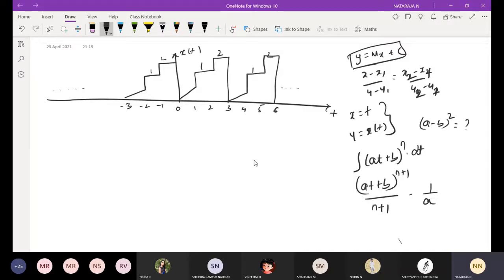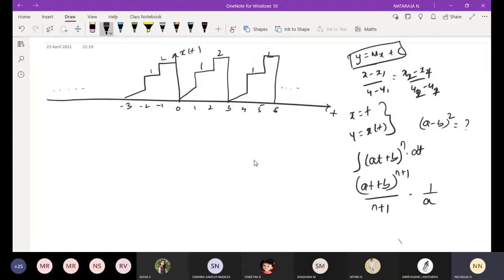You have to find the equation from 0 to 1. Anyhow, from 1 to 2 they have given amplitude 1. From 2 to 3 they have given amplitude 2. Can you tell me what the equation is between 0 and 1? Sir, x of t is equal to t. Yes, x of t is equal to t.